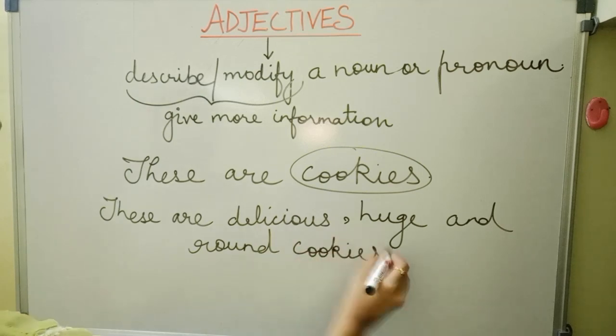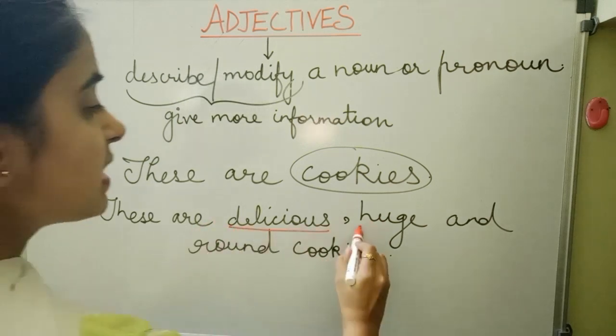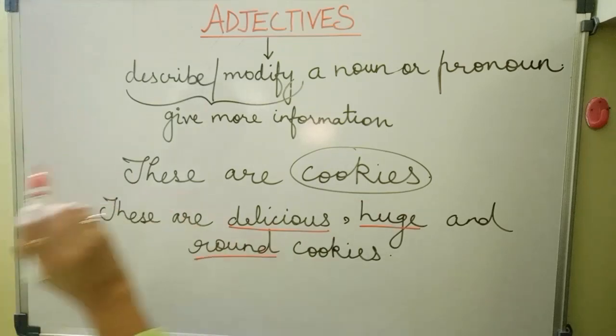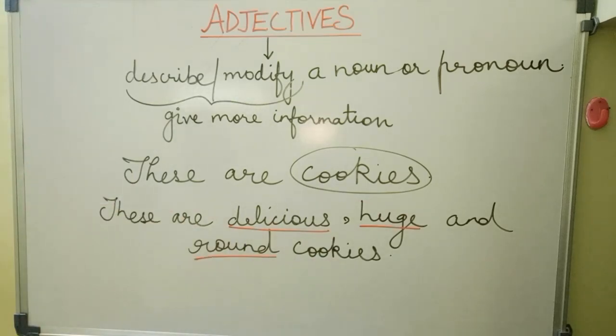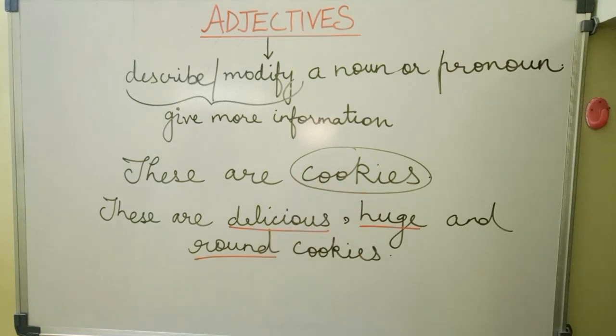Now children, see, I have described my cookies by using following words, that is delicious, huge and round. So these words that I have used to describe my noun, that is cookies, are called adjectives.